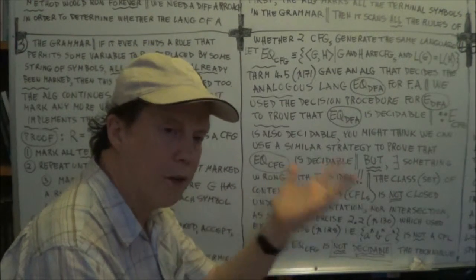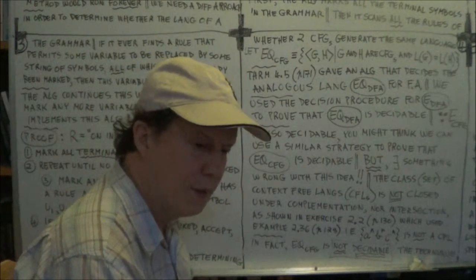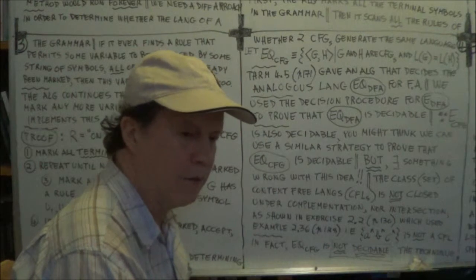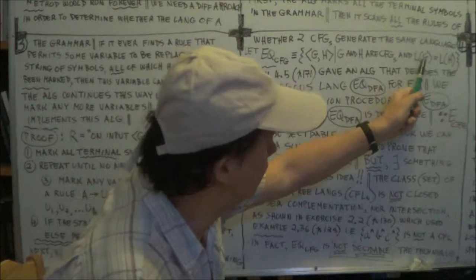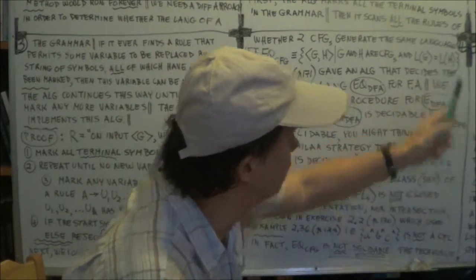Remember, when you're talking about a grammar, the language is the set of all strings that grammar generates. That's the definition of L of G, L of H.